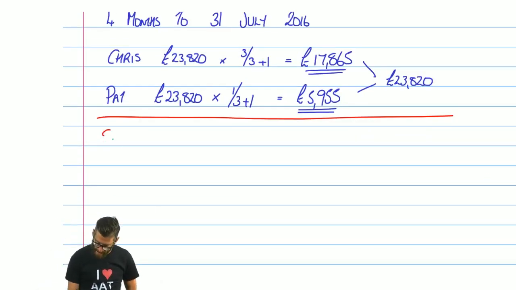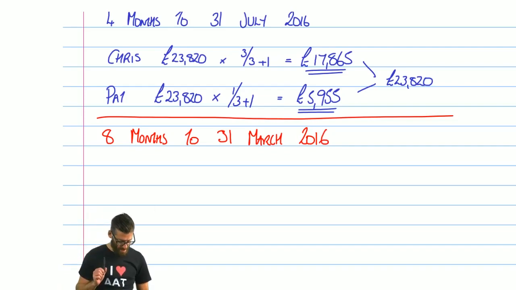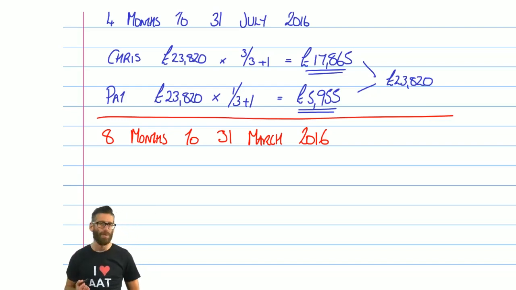because I'm now looking at the 8 months to the 31st of March 2016. Now, the order which we're given here is interest on capital first, followed by salary, followed by profits. And that's exactly what we need to do.